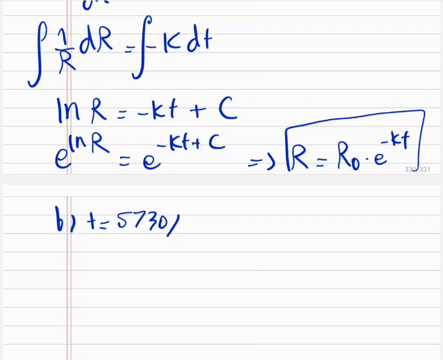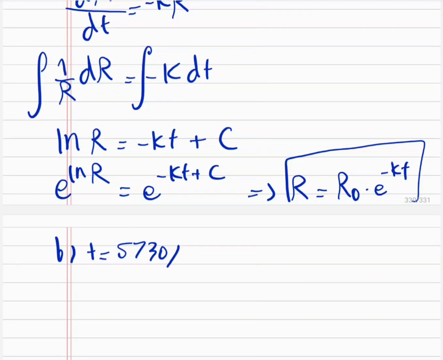Essentially, after this amount of years, R is going to be equal to R0 over 2. Remember, R0 is the initial amount, and R is the new amount. The new amount after this many years is the initial amount divided by 2, because that's just the meaning of a half-life.